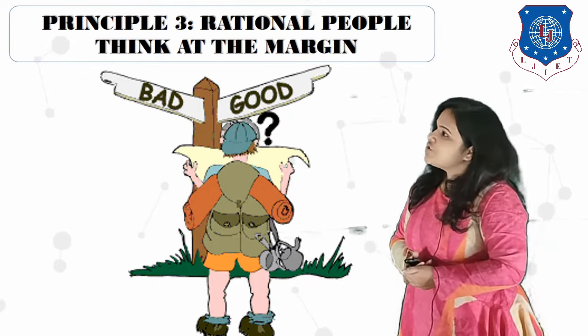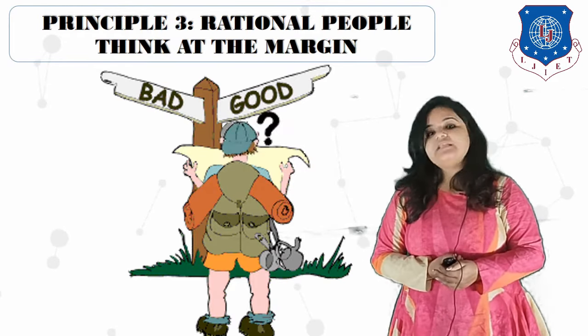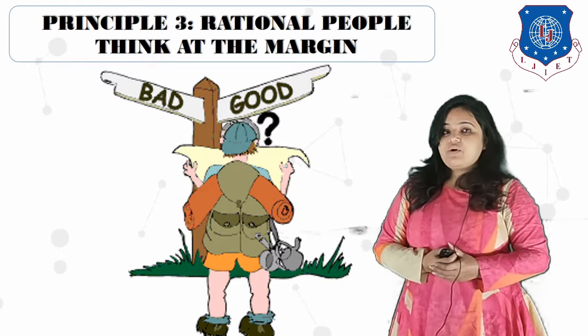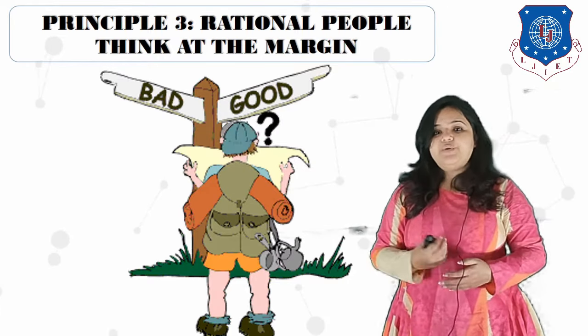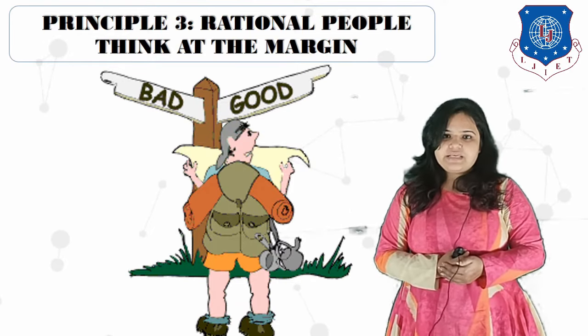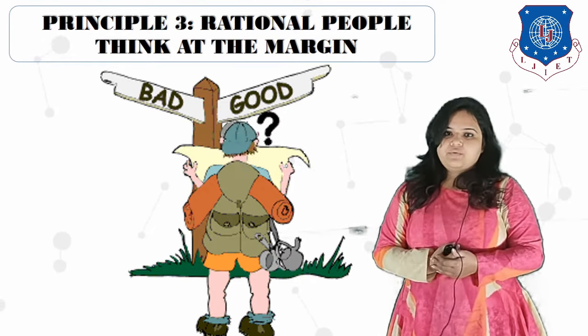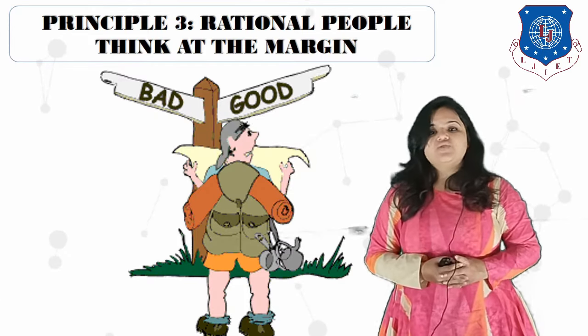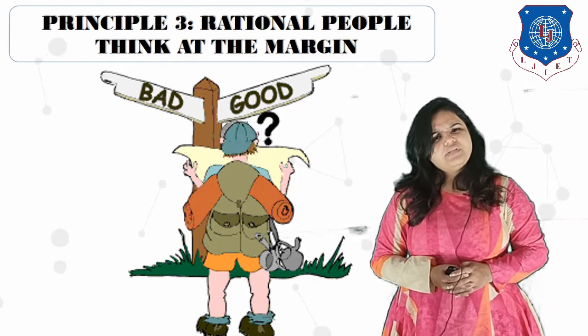The actual cost of the ticket is 1000 rupees as per the airline manager, but these 2 people offer that we are ready to pay 400 rupees per head, which is 800 rupees, and we want to go to Bangalore. Should the airline manager take up these 2 passengers or not? Think about it.